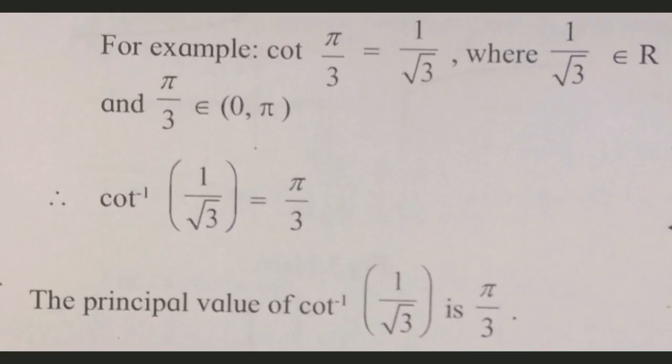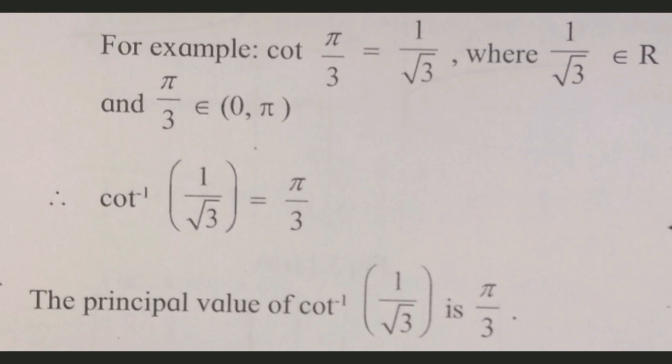Now let us see one example related to the principal value of the inverse cotangent function. Here, the trigonometric equation is given as cot of pi by 3 equal to 1 upon root 3. Obviously 1 upon root 3 is a real number and pi by 3 belongs to open interval 0 to pi.